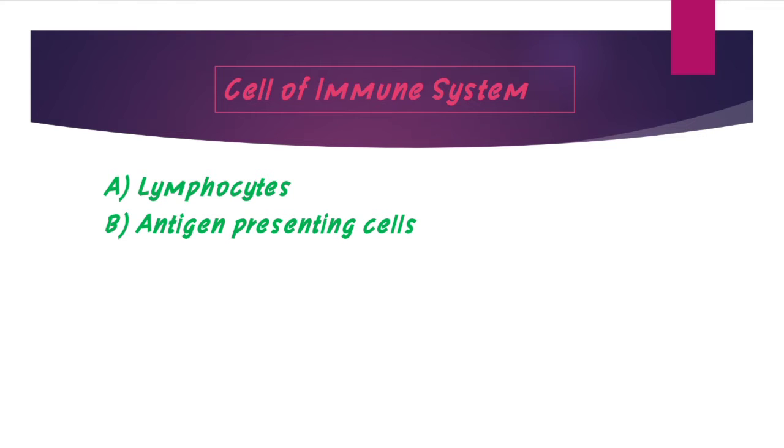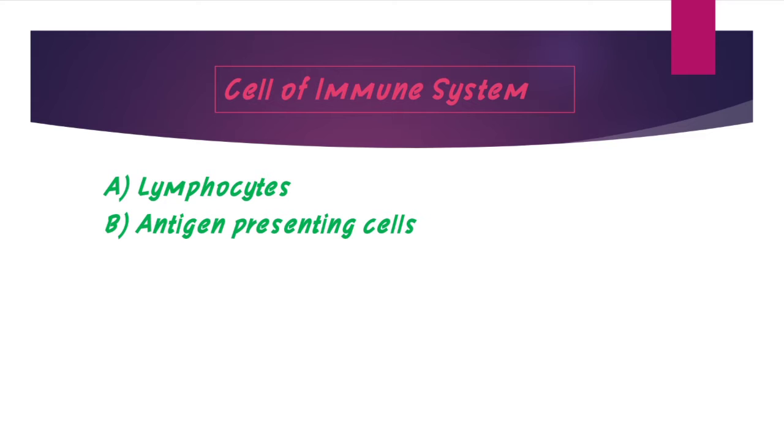Lymphocytes are the main cells of the immune system. These are cells of blood corpuscles. They, like the other blood corpuscles, arise from stem cells, that is hematoblasts, present in the liver of the fetus, and in adults they are produced from bone marrow.